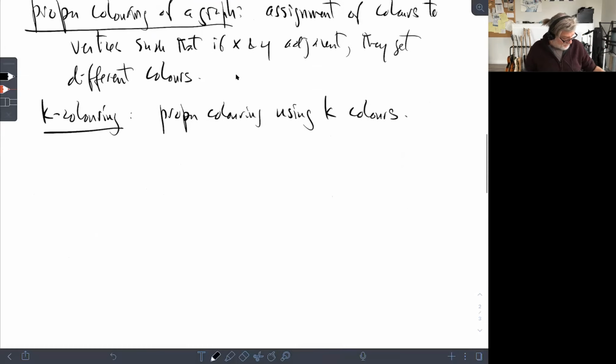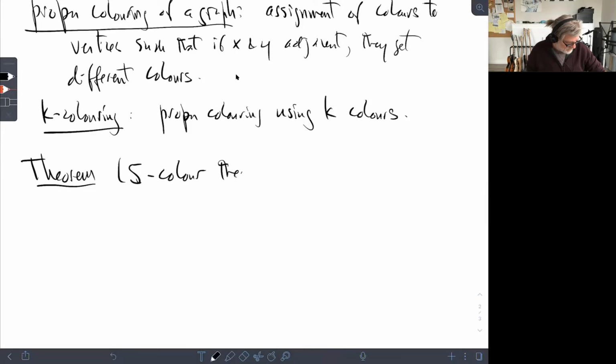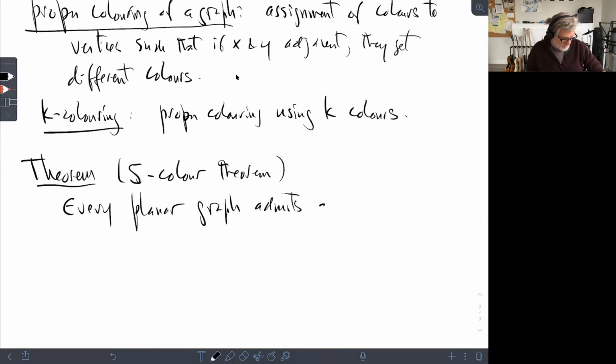Okay, so here's the theorem. Here is what I want to prove. This is the 5-color theorem. Keep in mind that this is actually true for 4 colors. So there's a stronger result that exists, but I can't show you the proof. So the 5-color theorem: every planar graph admits a 5-coloring.